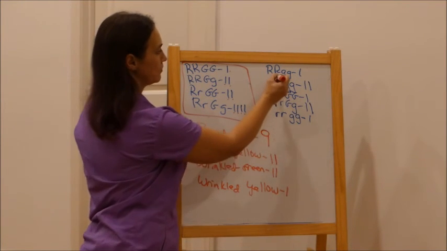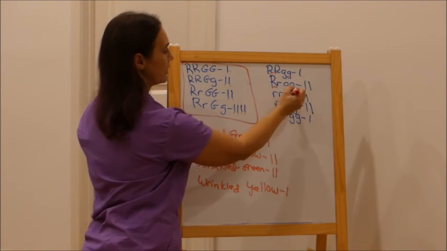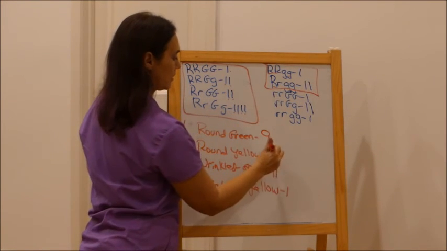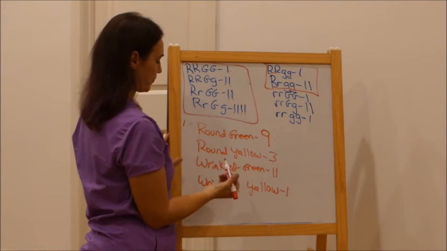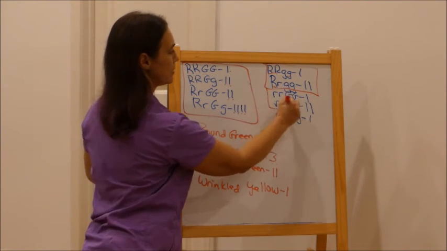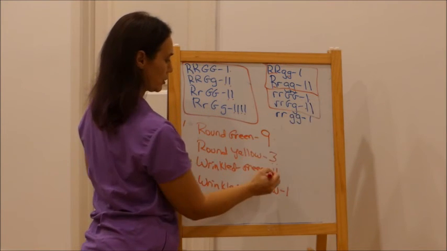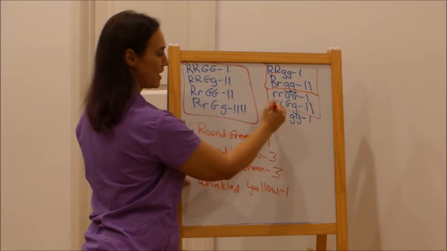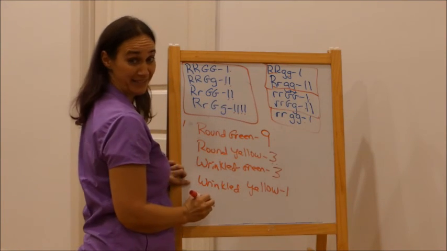Round and yellow, there's a total of 3. Wrinkled and green, there's a total of 3. Wrinkled and yellow, only 1.